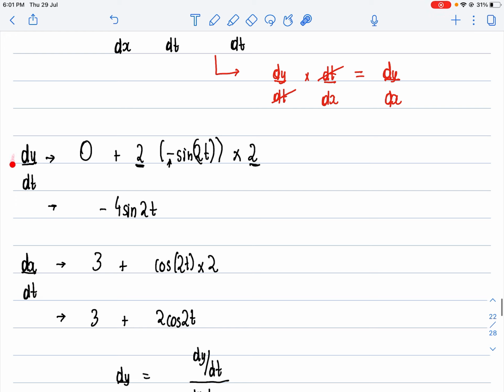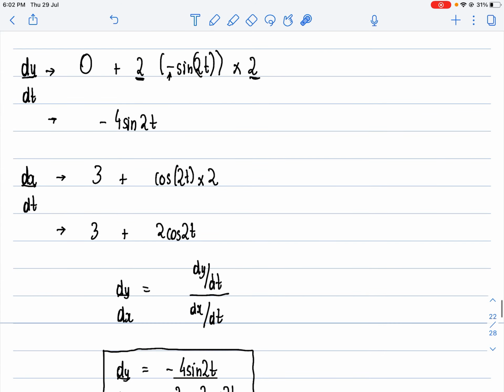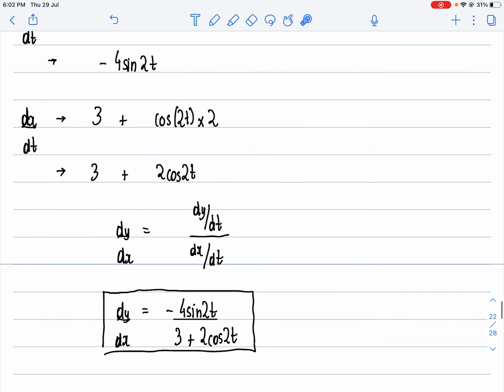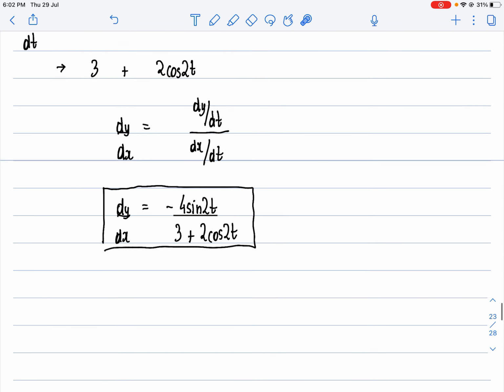So first you calculate dy by dt, where you differentiate the y function, and then dx by dt, where you differentiate the x function. Then to calculate dy by dx, you do dy by dt divided by dx by dt. And whatever equation you get is your dy by dx. It's a simple process.